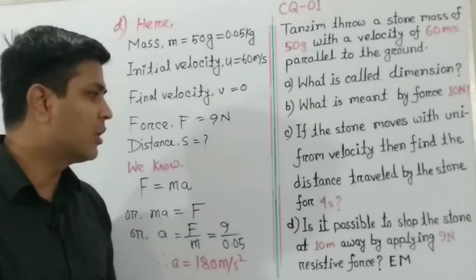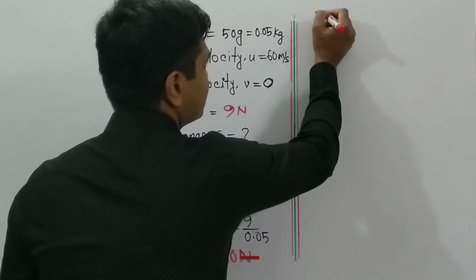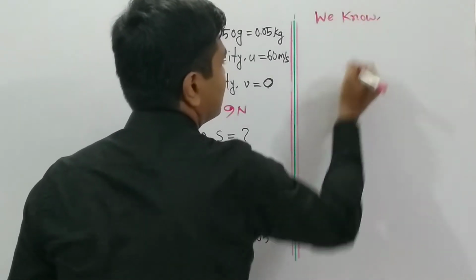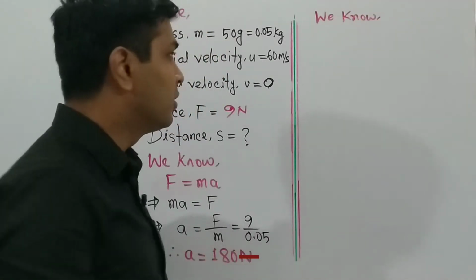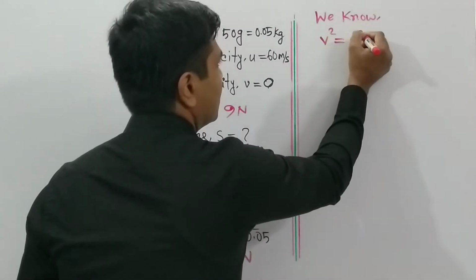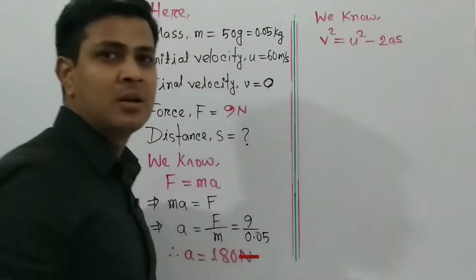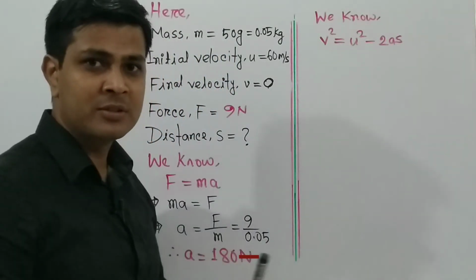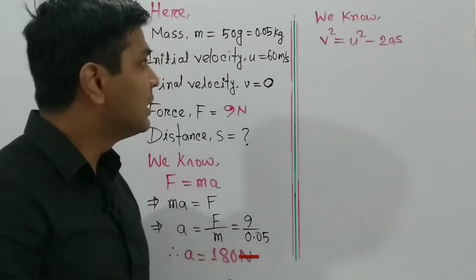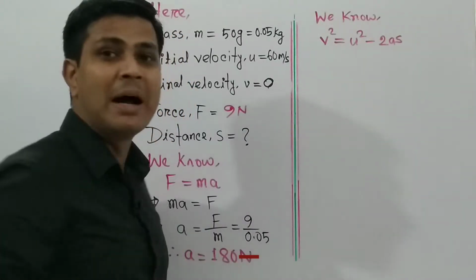So we will use the formula v square equals u square minus 2as. We use the minus sign because the velocity of the stone will be decreased. That means deceleration will take place here.